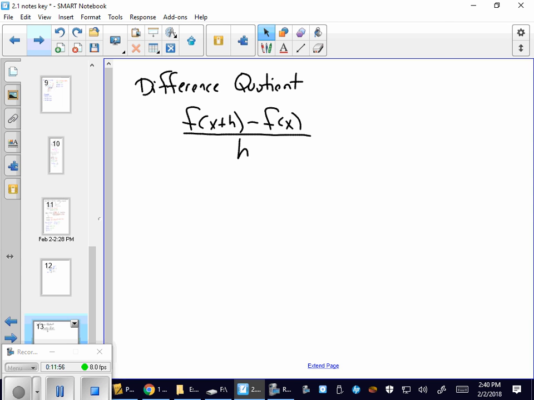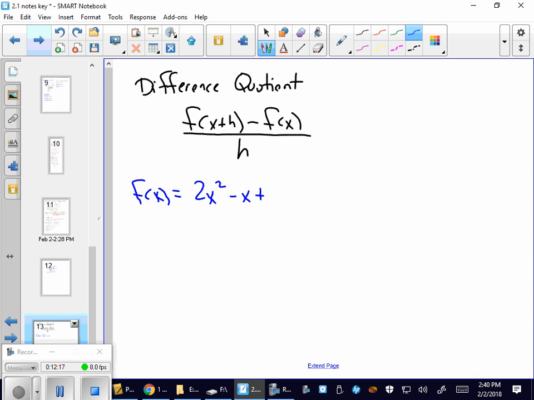So the difference quotient says I need to evaluate something which is f of x plus h minus f of x over h. Well, f of x is just going to be whatever function is given to us. So let's say our function, f of x, is given to us as 2x squared minus x plus 3.